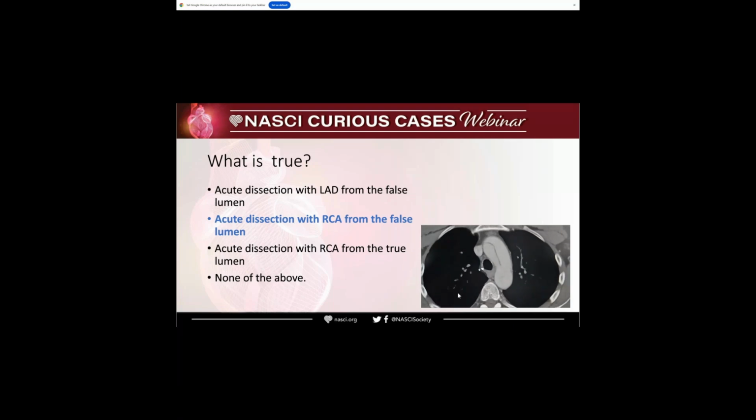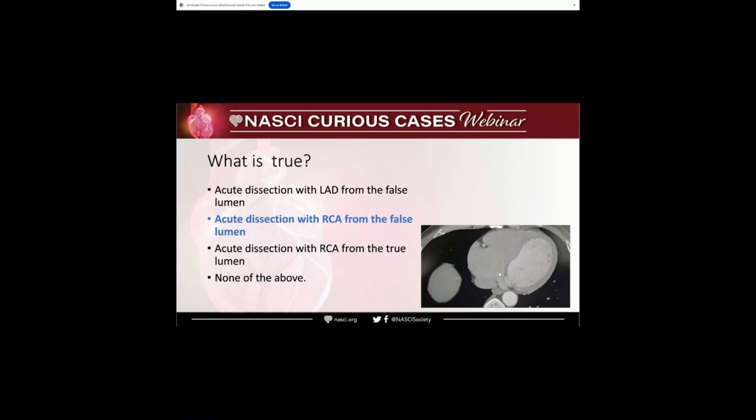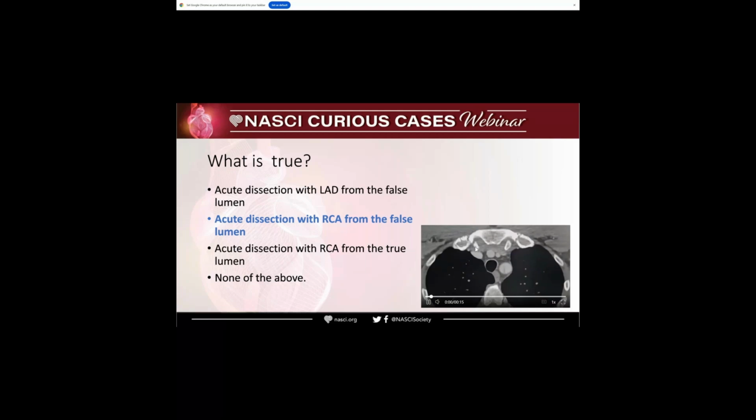So it's still arterial, but it's a later phase. So you can see that the false lumen has heterogeneous appearance, and it means there's already been some mixing. So a lot of the contrast has already passed forward, and that's why the true lumen enhances less well.